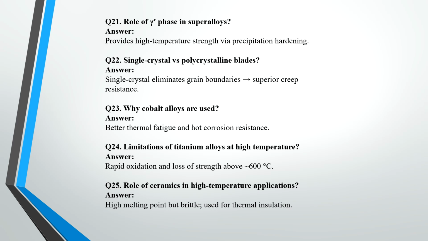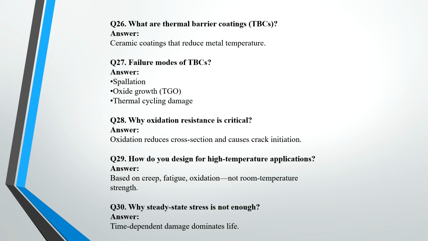What is the role of ceramics in high temperature applications? They have a high melting point, but they are brittle. Brittleness is one of the limitations of ceramics, but they are used for thermal insulation.